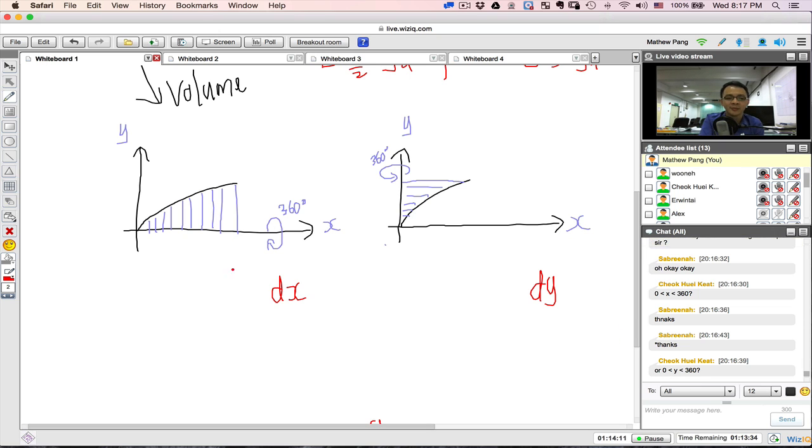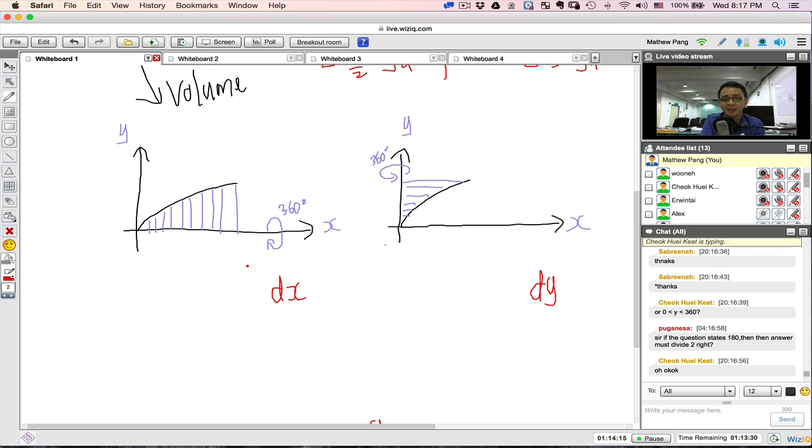Alright. So like just now, what I said is if you have dx here, it needs to be y, isn't it? And this one, dy here needs to be x. But you still remember, half an hour ago, I said if you want to find a volume, you need to square.